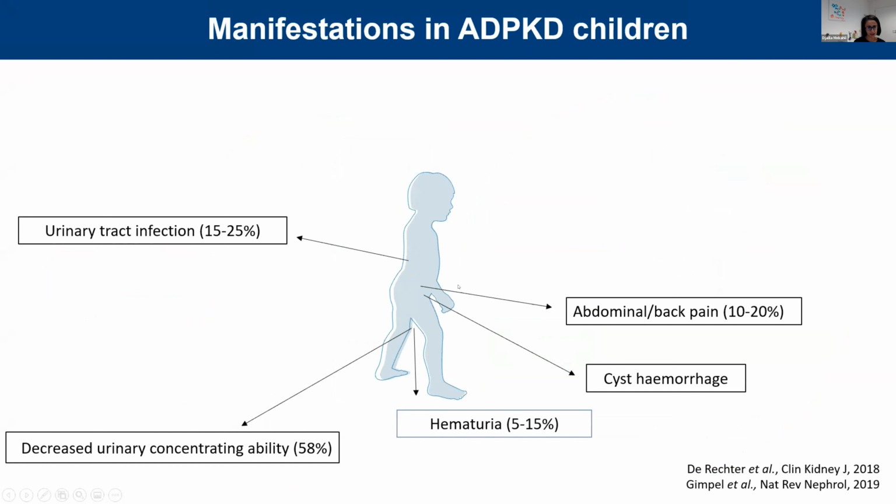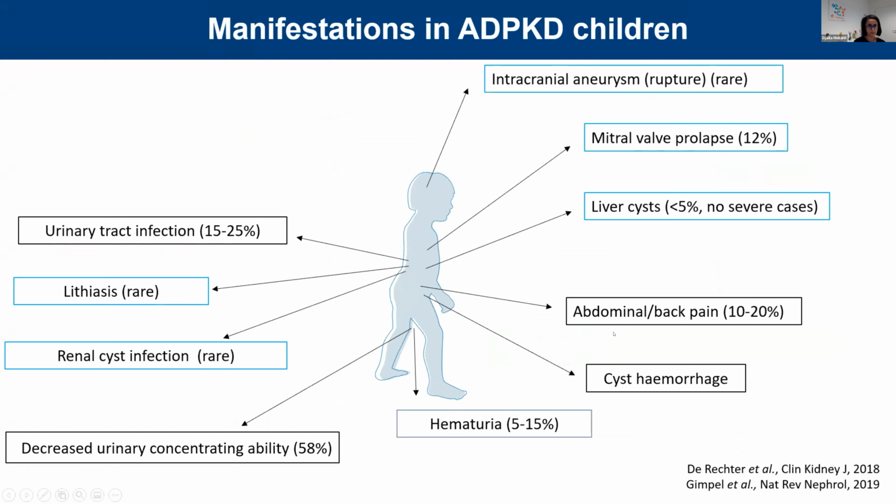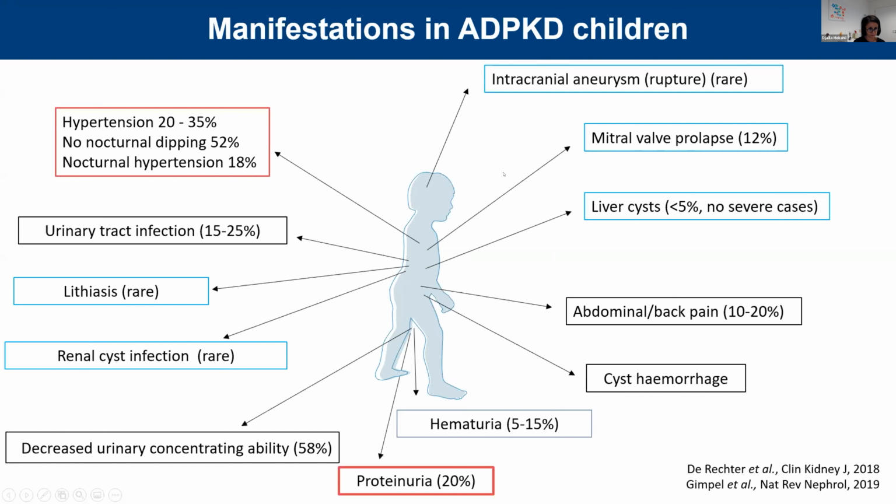They can present, as adults do, with urinary tract infection, decreased urinary concentrating ability, and hematuria. However, the extrarenal manifestations in childhood are really very rare. We almost never see liver cysts, lithiasis, or intracranial aneurysm, and we actually don't even screen for this.